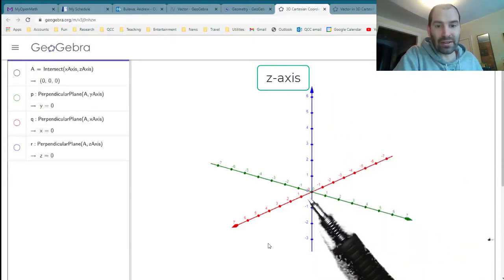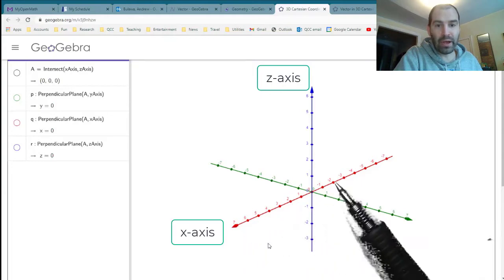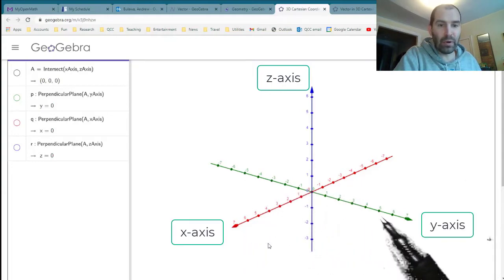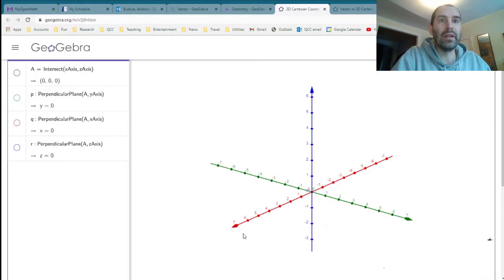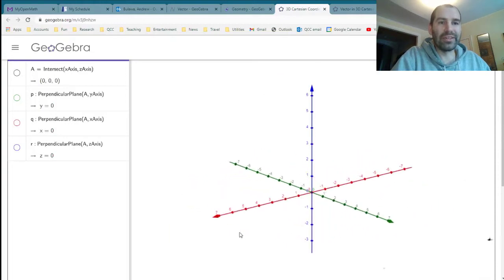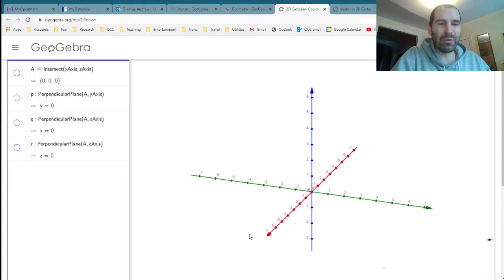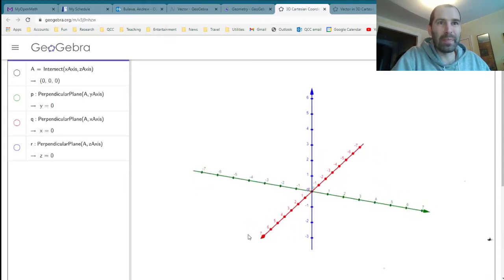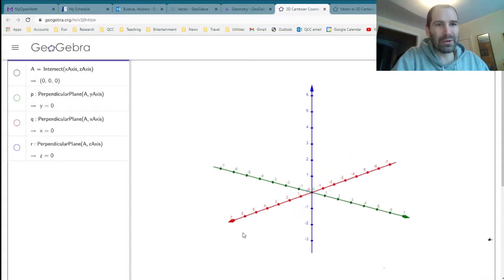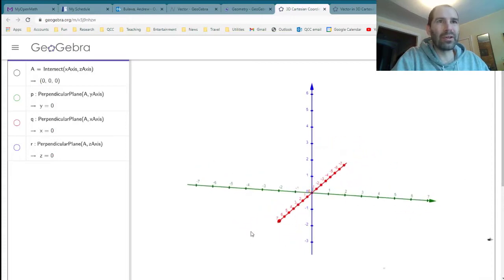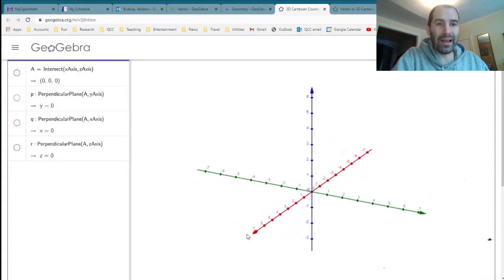The x-axis is the red one here, coming out this way, and the y-axis is the green one, going this way. And so we can orient ourselves in different ways. There's no one way to orient this thing, except we usually, like I said, have the z-axis pointing up. But otherwise, you have a little bit more freedom in how you decide to lay this thing out.